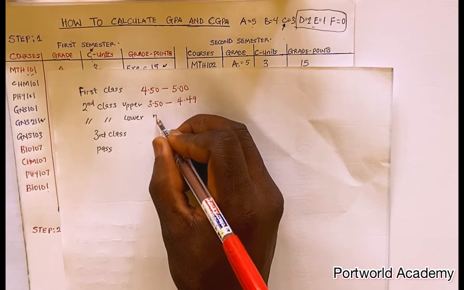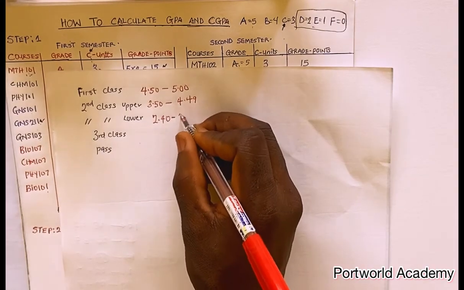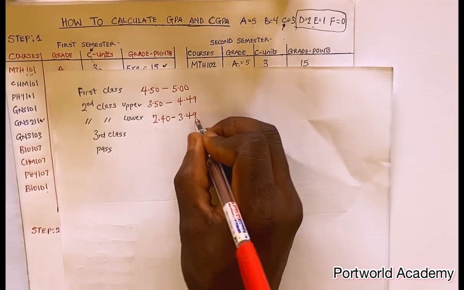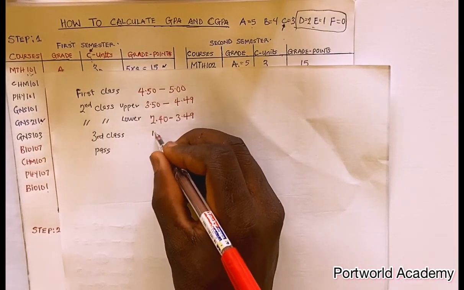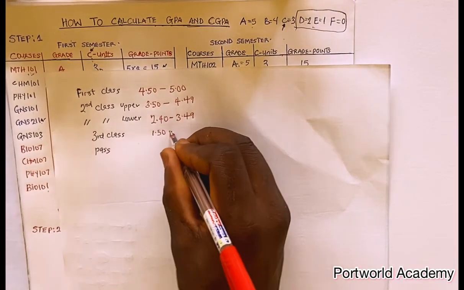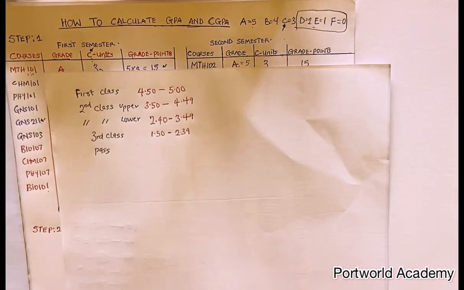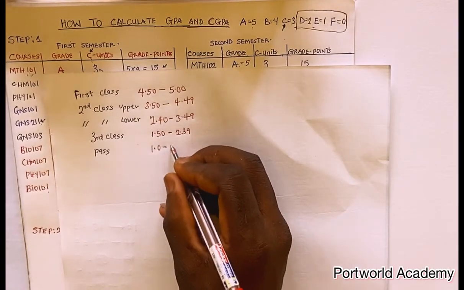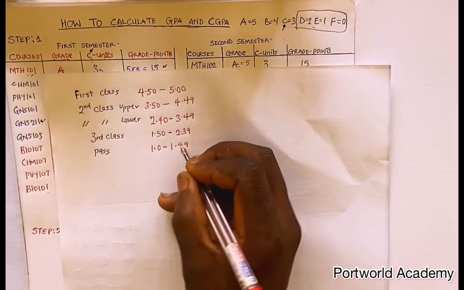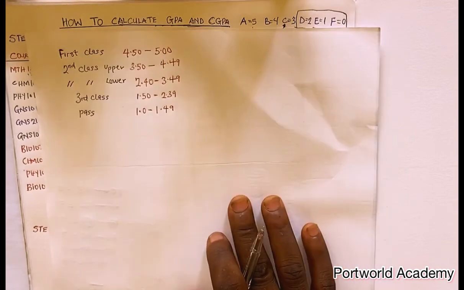Second class lower starts from 2.40 to 3.49. Third class starts from 1.50 to 2.39. Then our pass starts from 1.0 to 1.49. Anything from 0.9 downward is failure.